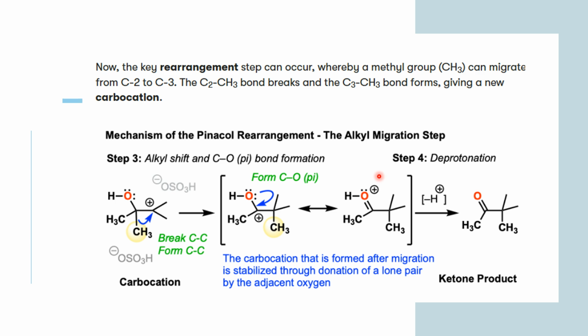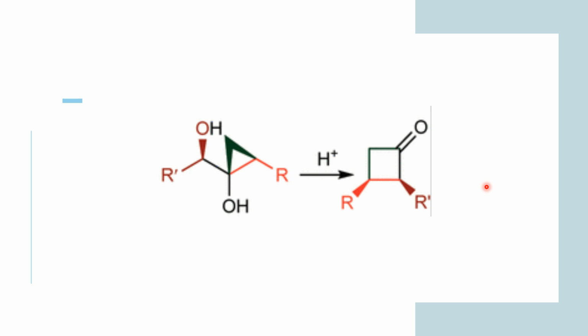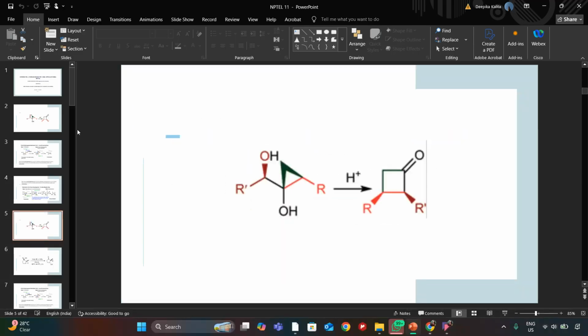And the second oxonium intermediate now undergoes deprotonation to give us a ketone as the final product. I hope all these four steps are clear to you. Now we will go back to our substrate and see how the reaction is taking place in this substrate given.